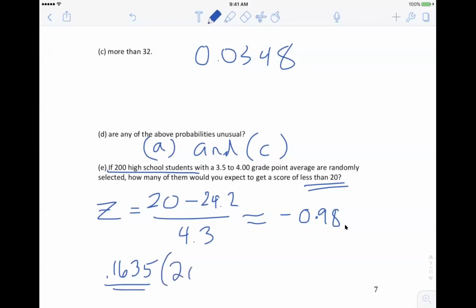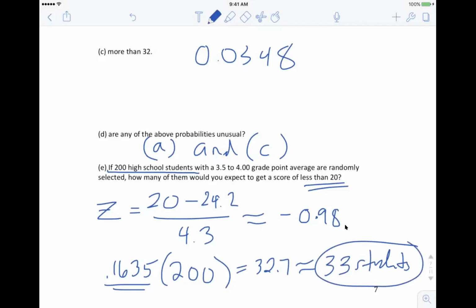But to find the number of students, I would have to multiply that percentage times the 200. And then round to the nearest whole person. So this is 32.7, which then I would round to the nearest whole number. I would expect 33 students total, right, to have that GPA.